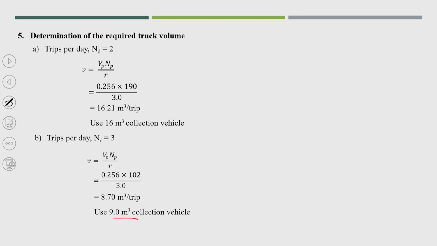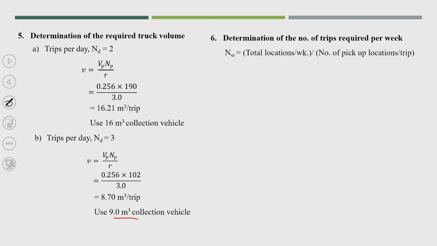Now, here you see that ND 2 requires a larger size vehicle, that is 16 meter cube size vehicle will be required, and if you go for ND 3, number of trips per day 3, then in that case a smaller size collection vehicle will be required. Now, we can calculate the number of trips required per week, that is NW value.